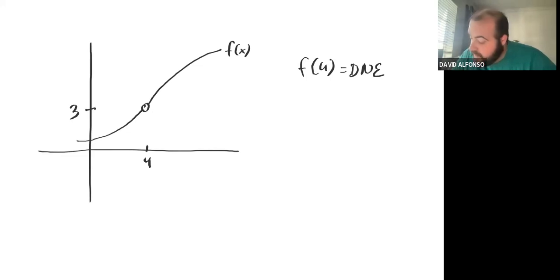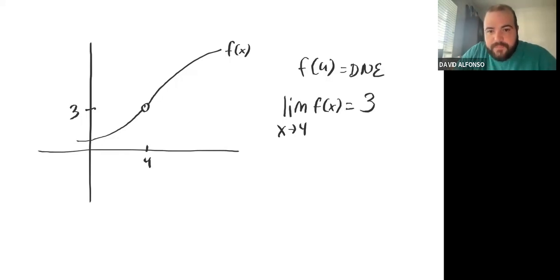But the limit as you approach 4 of the function approaches 3. Again, when you're doing a limit, you don't care what the actual value is at x equal 4. You just care about what it approaches. And we can say that the common limit equals 3 because from the left and right, we're approaching the same value.